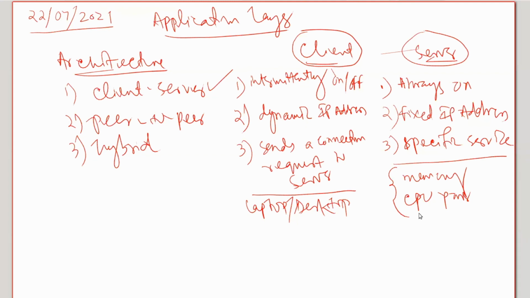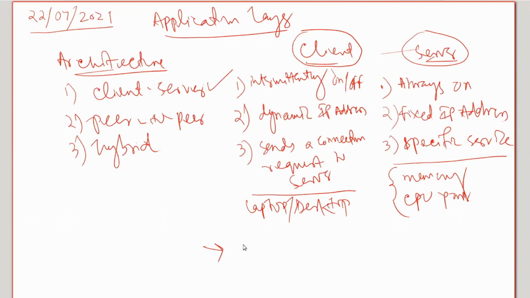Since the server is always on and is a powerful machine, infrastructure has to be developed prior to the client server communication, or not? Some infrastructure has to be developed before client server communication.